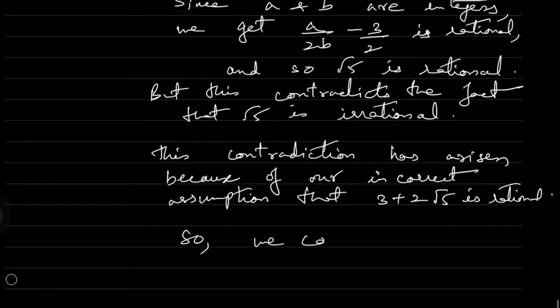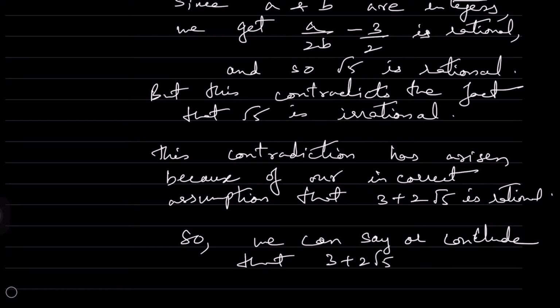So we conclude that 3 plus 2 root 5 is irrational. Since root 5 is irrational, anything added or multiplied to root 5 is again an irrational number. So therefore we conclude that 3 plus 2 root 5 is irrational.